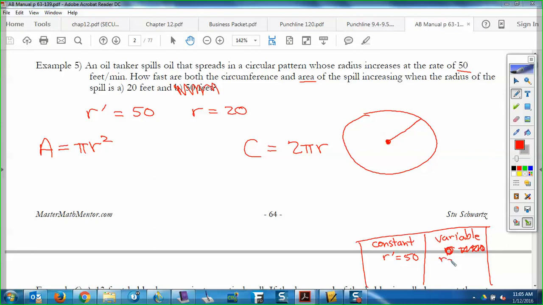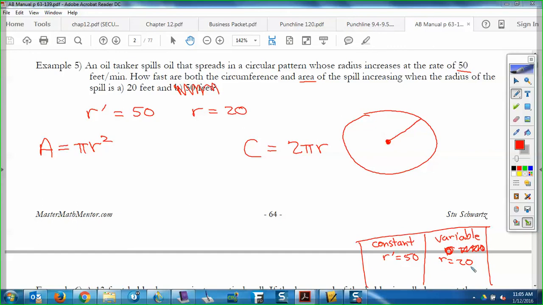Now, let me go ahead and put that R equals 20. So we do not want to plug that in until the very, very end. Anything that's constant in the problem, we can go ahead and plug in whenever. But anything that's variable, we don't want to plug in. Okay? So what should I do next?